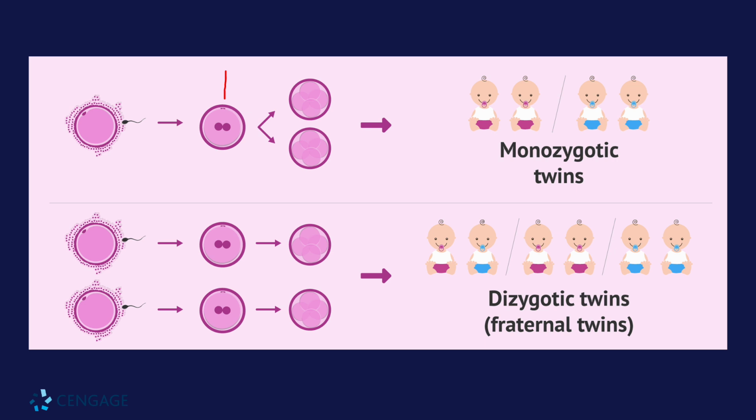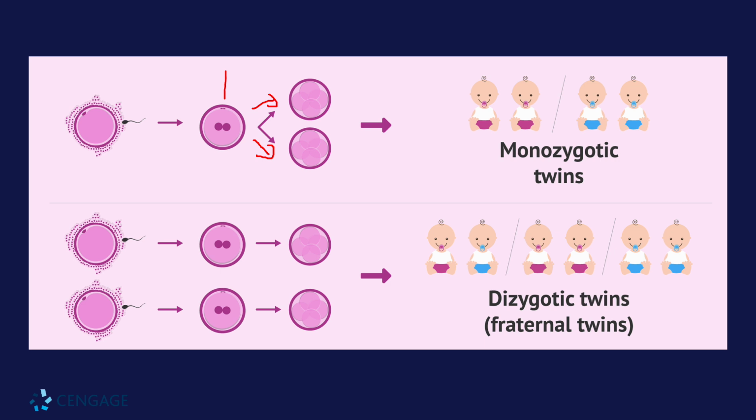This fertilized egg will split into two through mitosis. Again, this fertilized egg will undergo mitosis and then split into two. That is why the genes of identical twins are 100% the same, because they come from one fertilized egg.